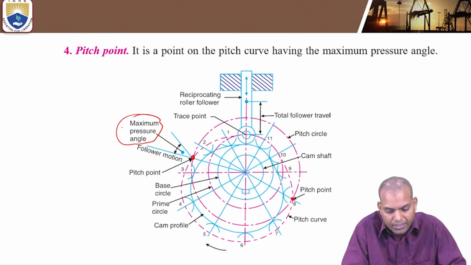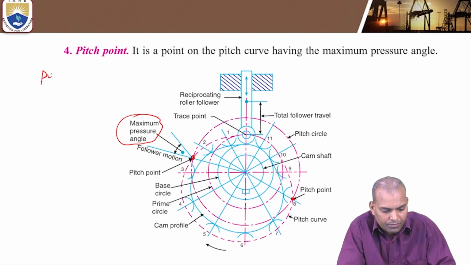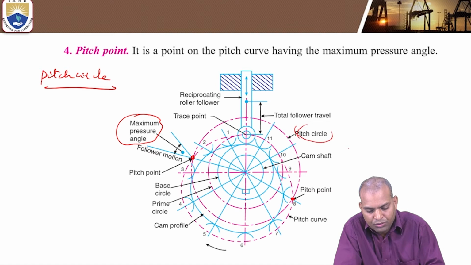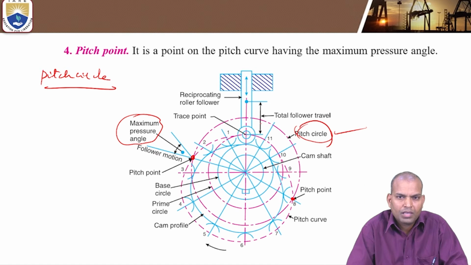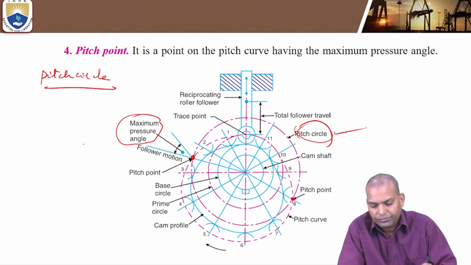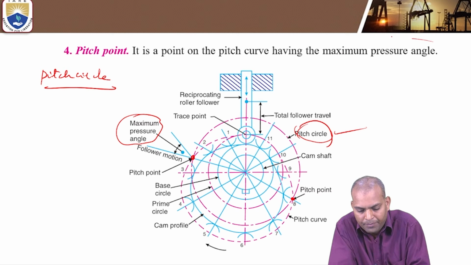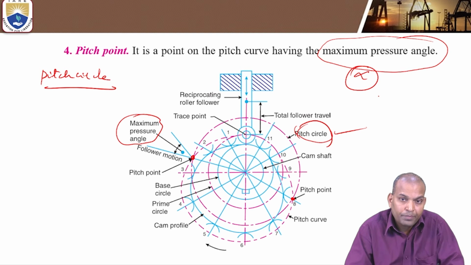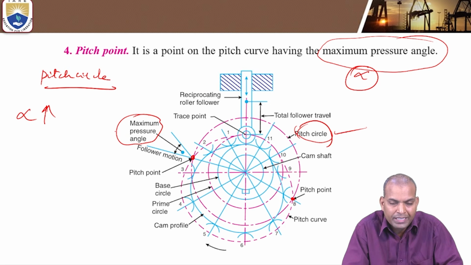Passing through this pitch point, if you draw a circle, that circle is known as the pitch circle. Again, pitch point is the point on the pitch curve having the maximum alpha, that is, maximum pressure angle. But if the maximum pressure angle is increasing, if alpha increases, the problem is that jam takes place.